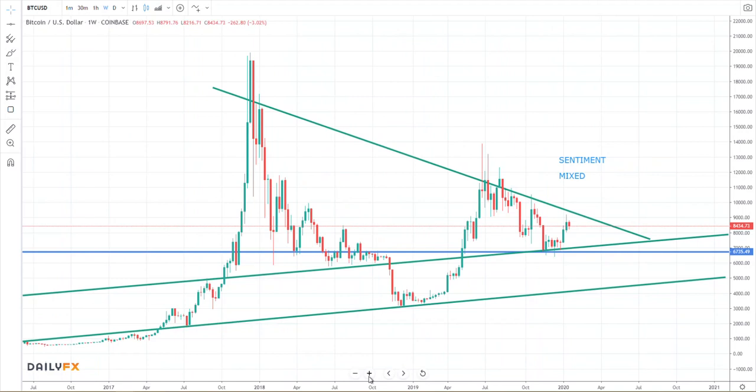Okay, so my sentiment for Bitcoin US dollar currently is mixed, and the reasons why are displayed in this chart. We've got this ascending trend channel. This is our big long-term channel, right? This goes back a few years.